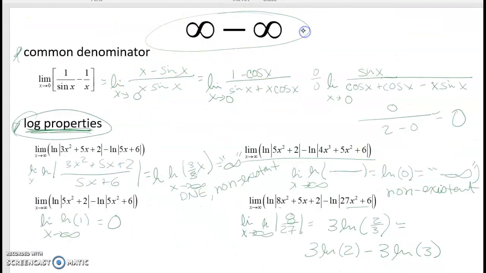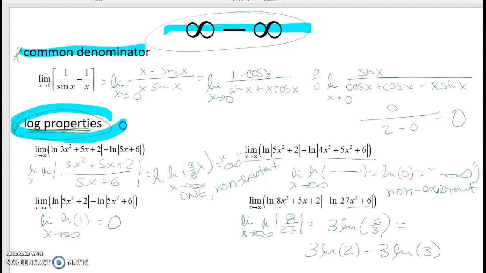If we've got infinity minus infinity, one way to deal with that is hopefully a common denominator. There are a few other tricks. This is kind of the trickiest one. But the one that comes up the very most on the AP test is the idea of using log properties to better analyze what those logarithms look like.